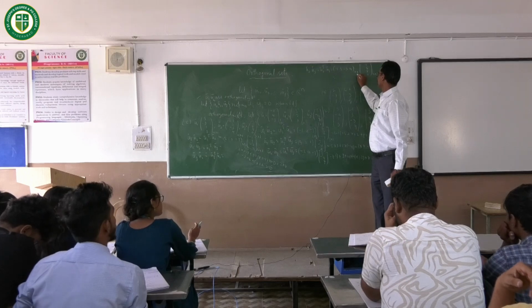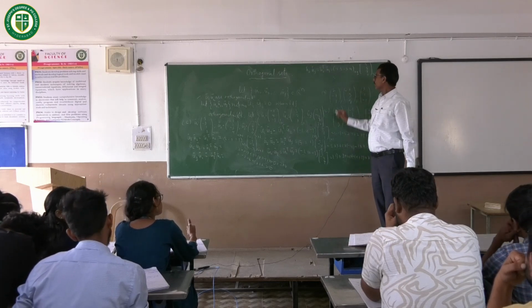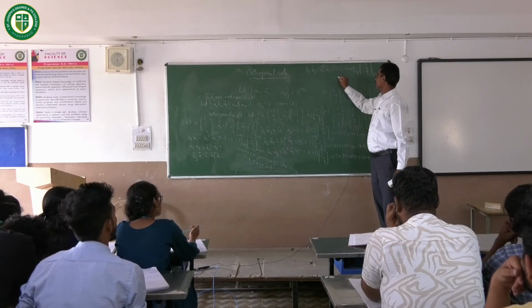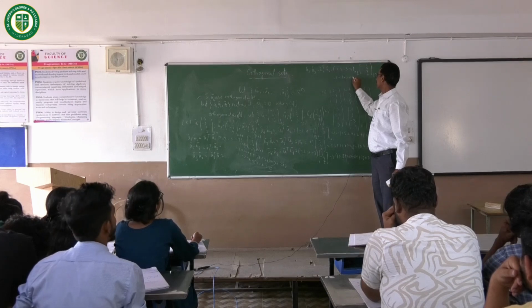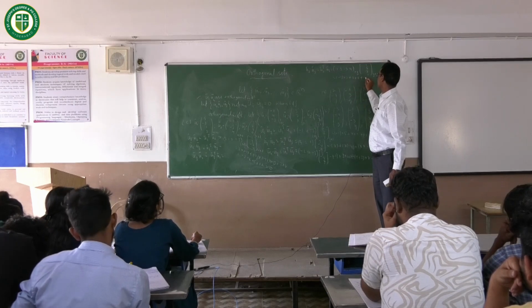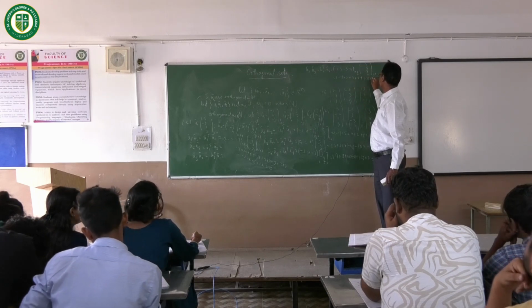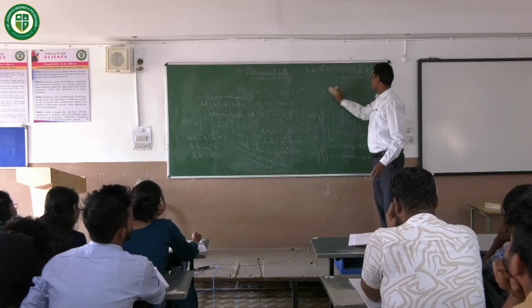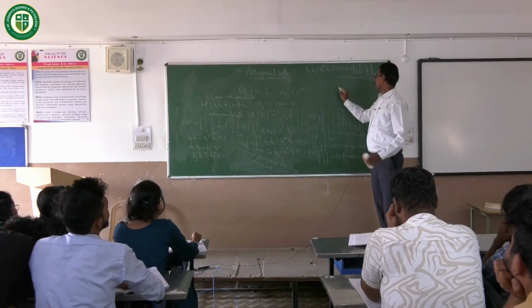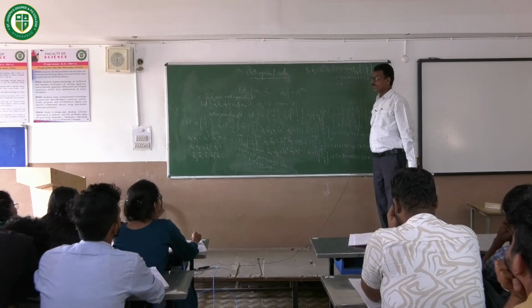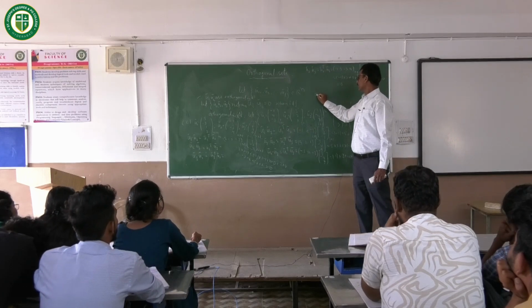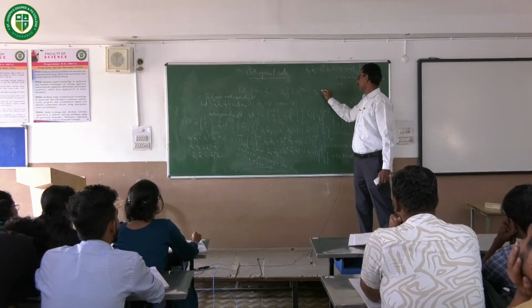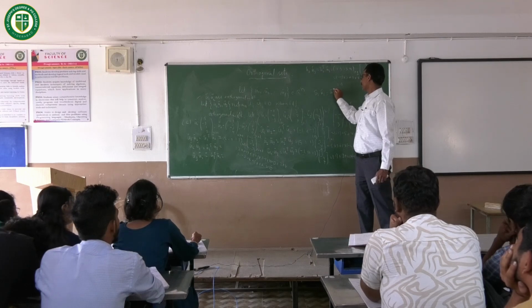So we can go for minus 1 into 3 plus 3 into 8 plus minus 3 into 7 plus 4 into 0. How much is this? Equal to 0.